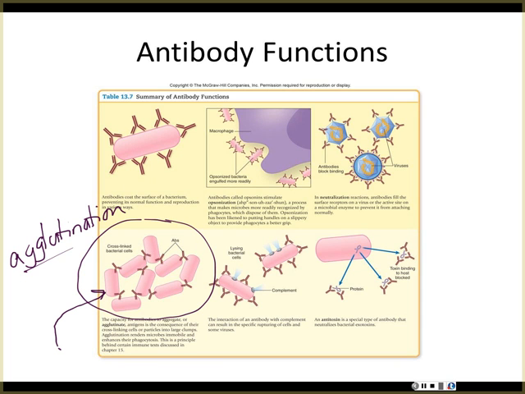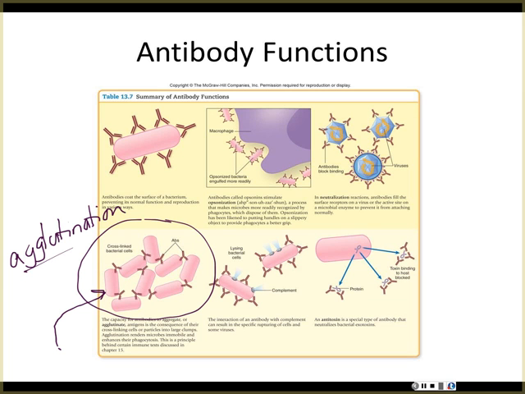If you have a bacterial infection and there are billions of bacteria in some tissue, once the antibodies come floating in, they can start to clump them together. Because you've got two prongs on a Y-shaped antibody, this prong can attach to one copy of the virus or bacterium, and this one can attach to another copy of the same thing. So the antibodies are really good at clumping things together.